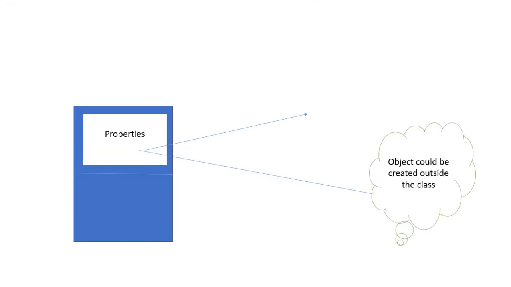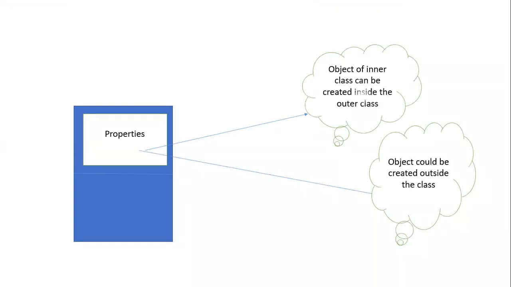What could happen is that we may have one class with some properties and some behavior or methods. So here in the property section, you may have another class. The object of the inner class could be set inside the class in Python.